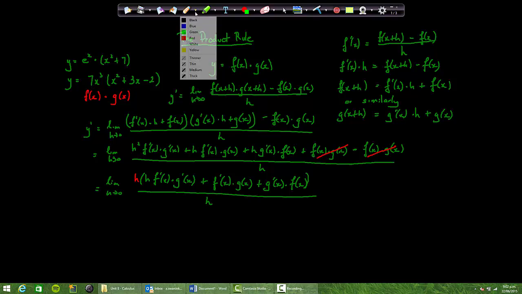Once again, we have a common factor of h, so let's cancel that. Now, as we've done with other similar examples using this first principles method, if we substitute h as 0 into here, in fact we wouldn't have our limit anymore, would we? So let's get rid of that. We would have this disappearing, and we're left with these two parts here.